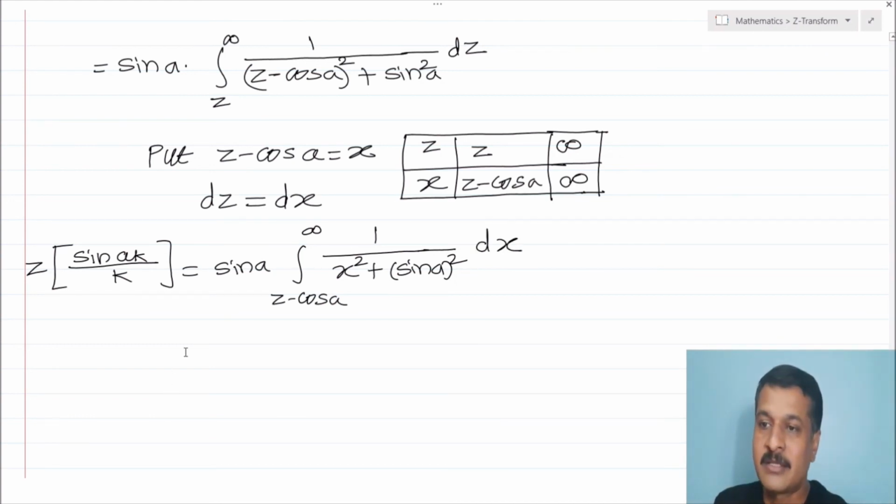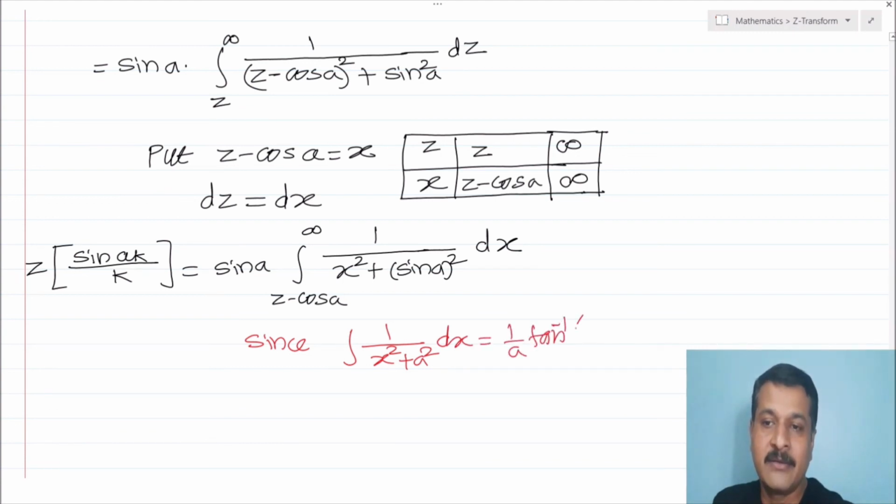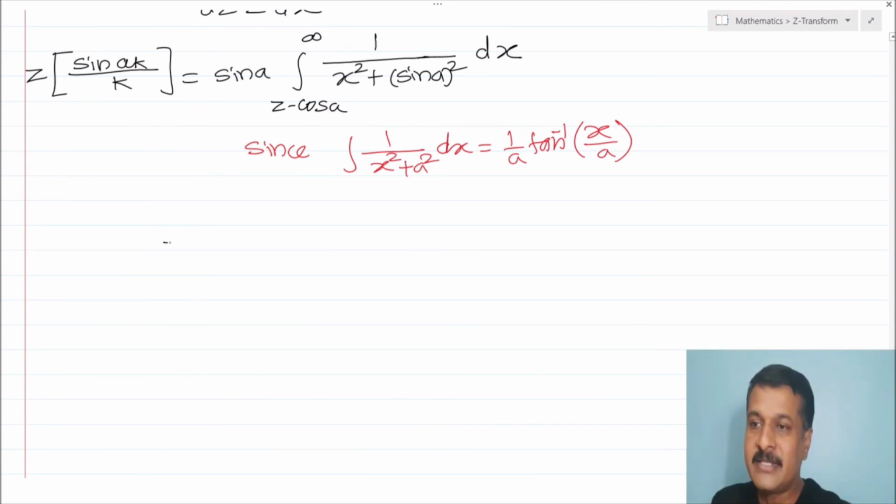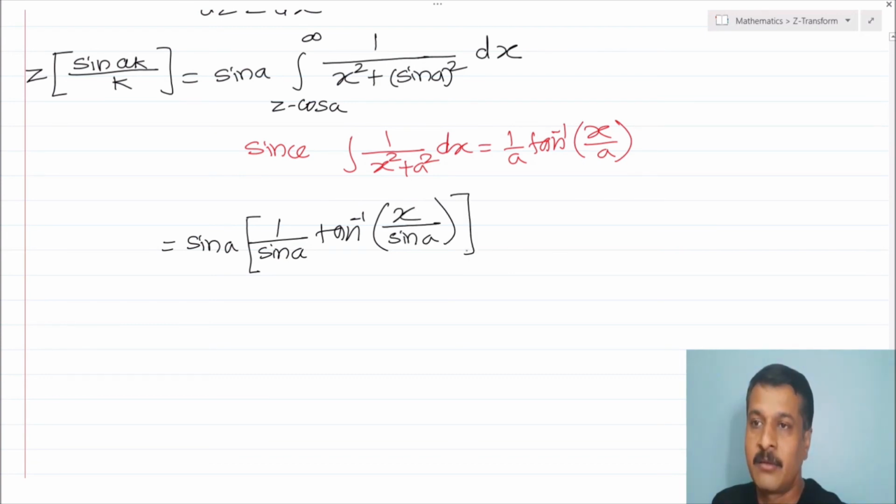So using the standard formula, since integration of 1 upon x square plus a square dx is equal to 1 by a tan inverse x by a, that is equal to sin A, that is a constant, and here I am getting 1 by a. If we compare this a, it is sin A. So 1 upon sin A into tan inverse x by sin A. Lower limit is z minus cos A and upper limit is infinity.